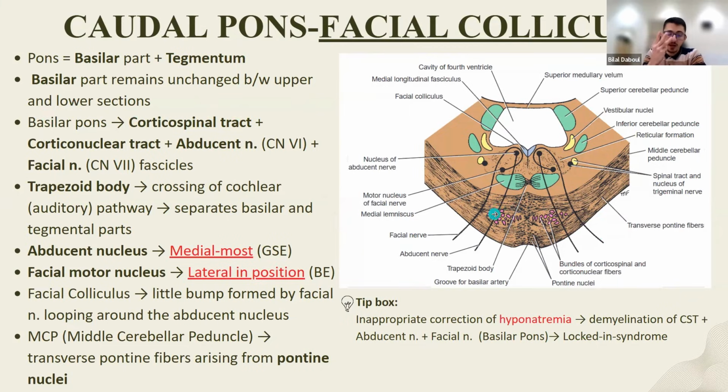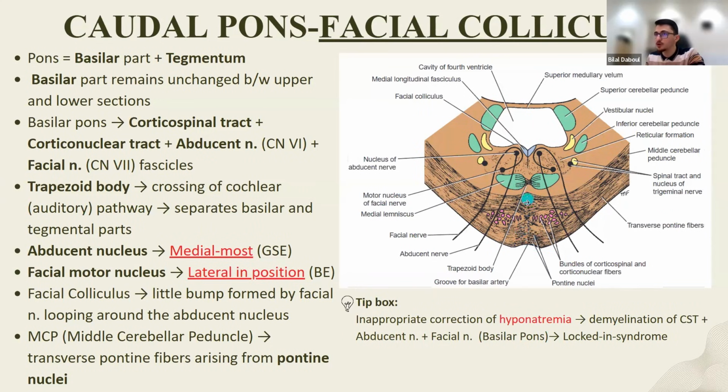You have three major structures that are contained within the basilar pons, okay? You have the corticospinal fibers, that are descending through the ventral brainstem to get to the spinal cord. You have the corticonuclear fibers, okay, which is very important. It supplies the cranial nerve motor nuclei. So it's similar to the corticospinal tract, but think about cranial nerve motor nuclei. And we have the pontine nuclei in between.